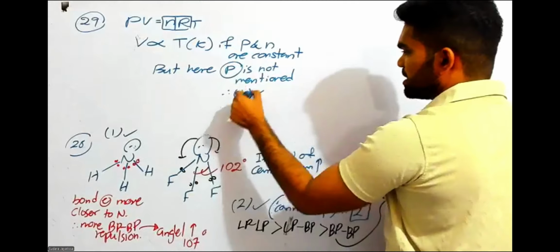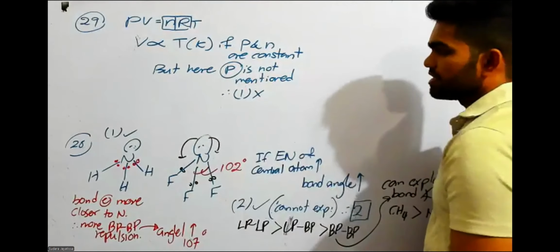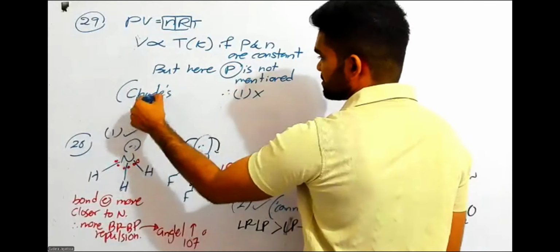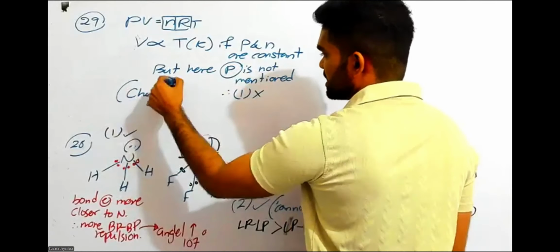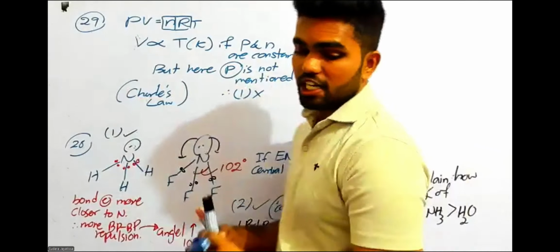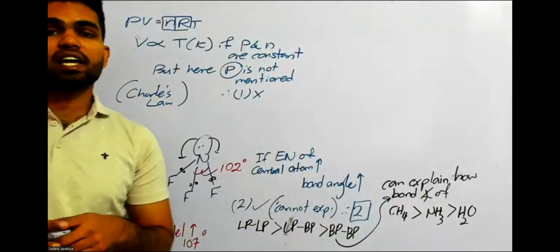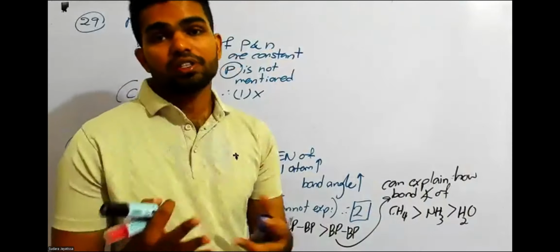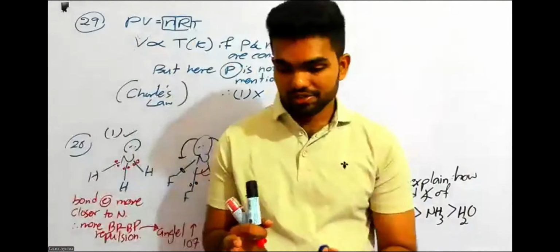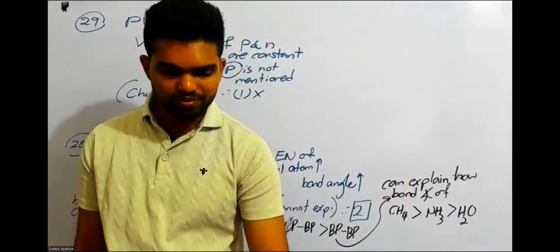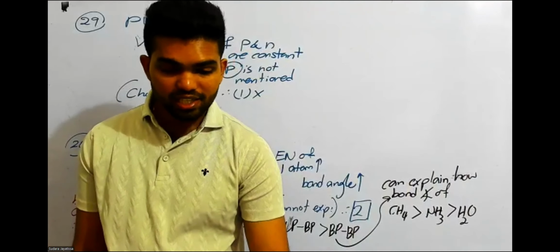Therefore, the first statement is wrong. You can refer to Charles' law. According to Charles' law, volume is directly proportional to absolute temperature if the number of moles and the pressure are constant. It didn't say anything about pressure.